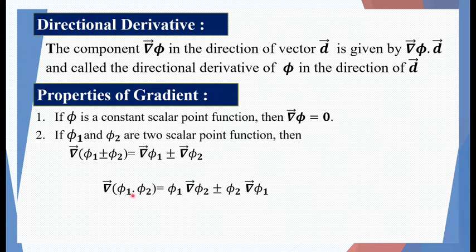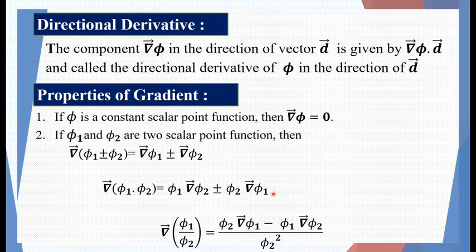For the product of two scalar functions, the gradient of the product is equal to phi 1 gradient of phi 2 plus phi 2 gradient of phi 1. And the same applies for the division, where we can apply the division rule. So these are the basic properties of the gradient.